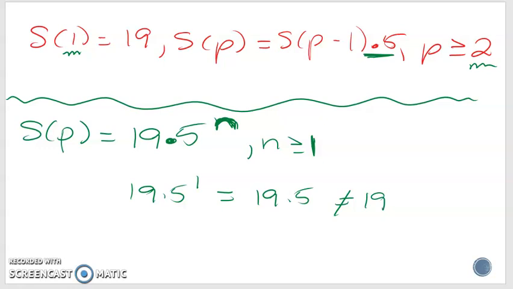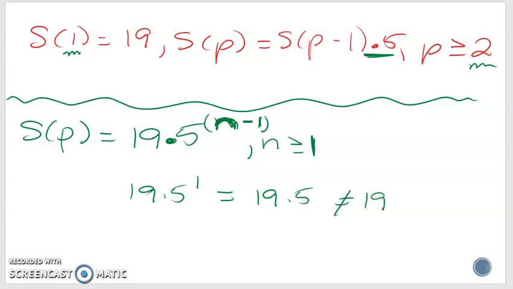So the way to fix it, if your first input is not 0, then the n should reflect that up here. So instead of it being 5 to the nth power, it'll be 5 to the n minus 1 power.